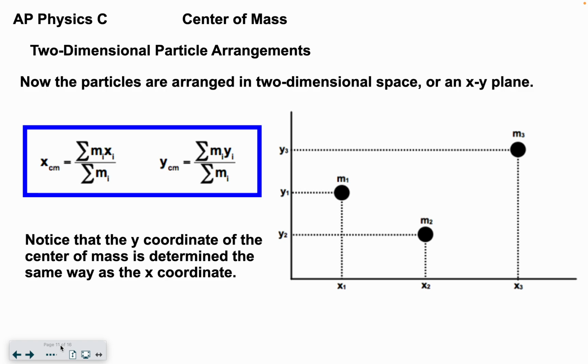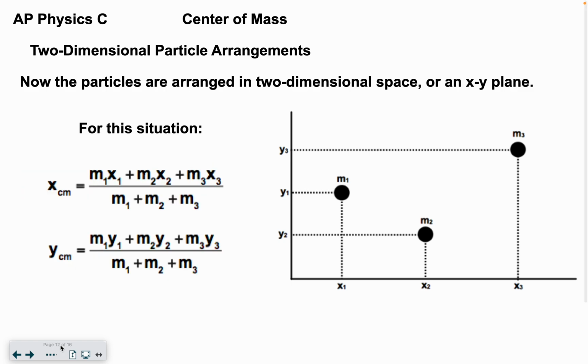And that will give us the x and y coordinates of the center of mass of this two-dimensional system. Since we have three objects here, I have m1x1 plus m2x2 plus m3x3, and then divided by the total mass, m1y1 plus m2y2 plus m3y3. Again, divided by the total mass.